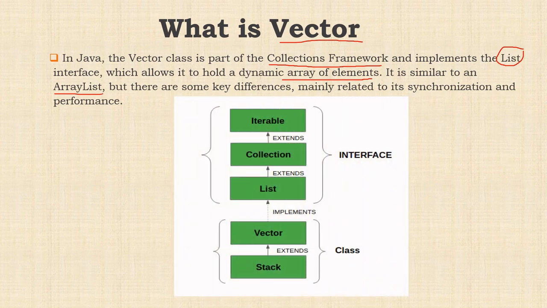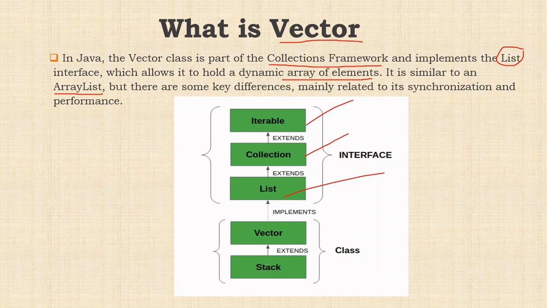So this is the hierarchy of vector in the collections framework. Iterable is the main interface, and then Collection is also an interface. Collection extends Iterable, and List is also an interface which extends Collection. Vector implements List, and Stack extends Vector.